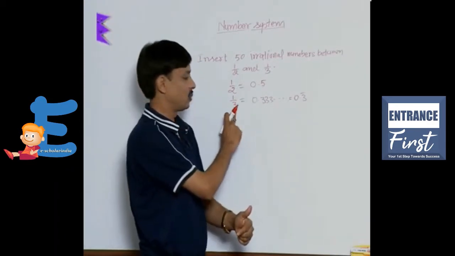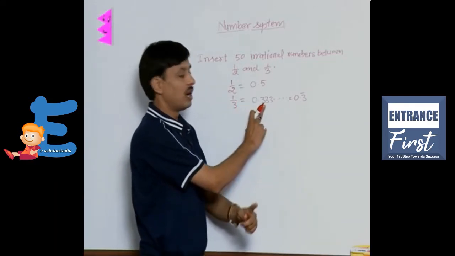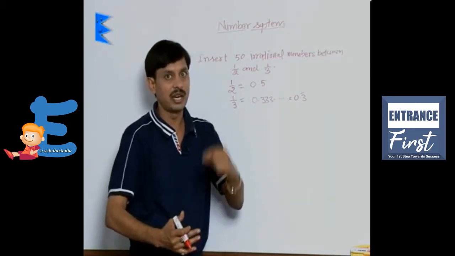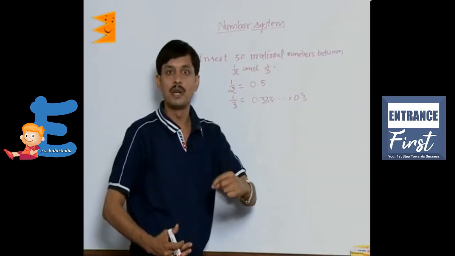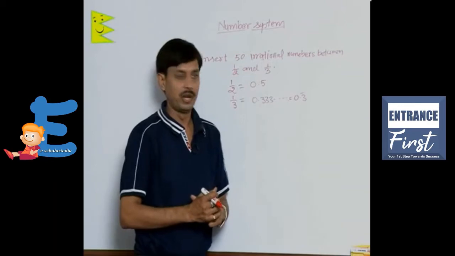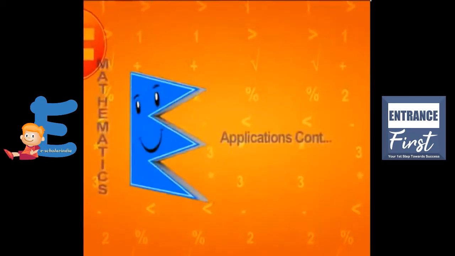So here 3 minus 1 is 2, and repetition has started after 1 place, because I am saying again and again, repetition starts within denominator minus 1 places or before it. So this is satisfied.